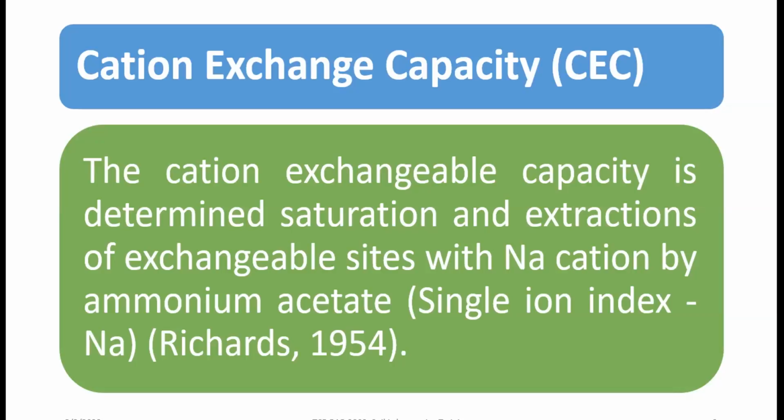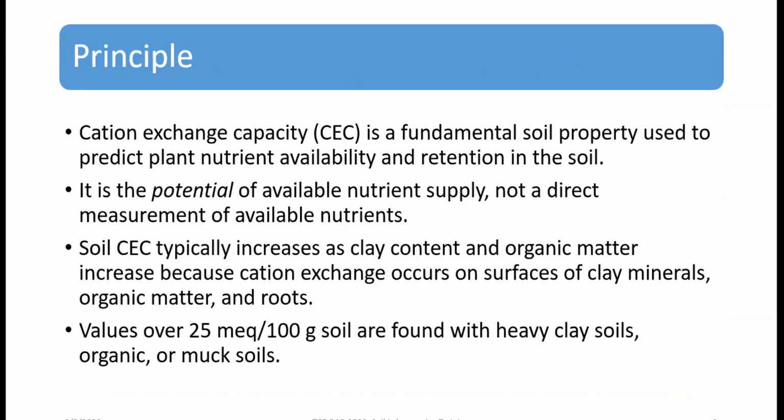So this method is considered to be a single ion index, which is sodium acetate. In principle, cation exchange capacity is a fundamental soil property used to predict plant nutrient availability and retention in the soil.